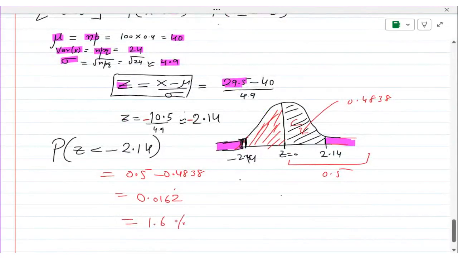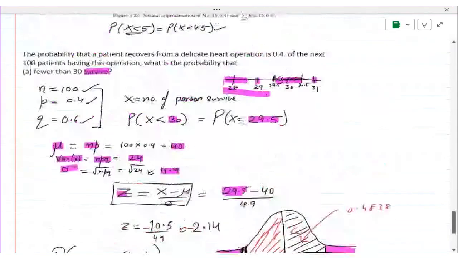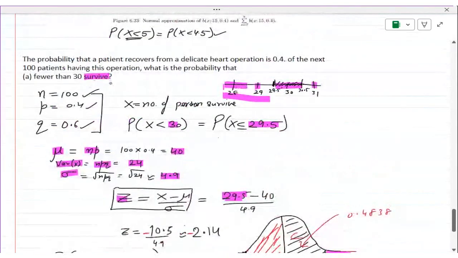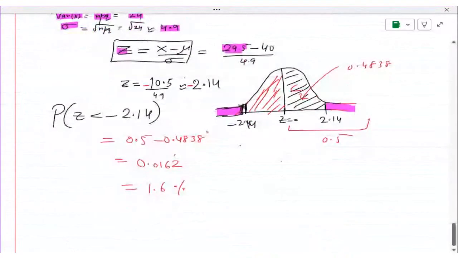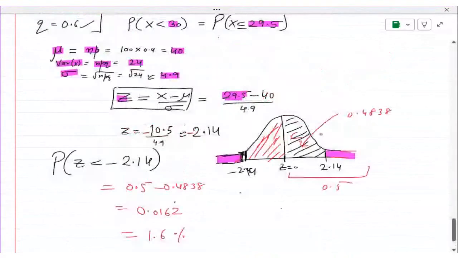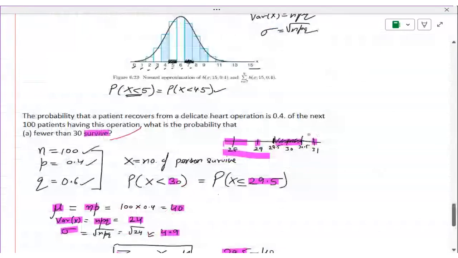So this many chances are there that less than 30 will survive. Okay. So if 100 patients will have these operations, the chance that less than 30 will survive is 1.6%. Okay. Any doubt, students?